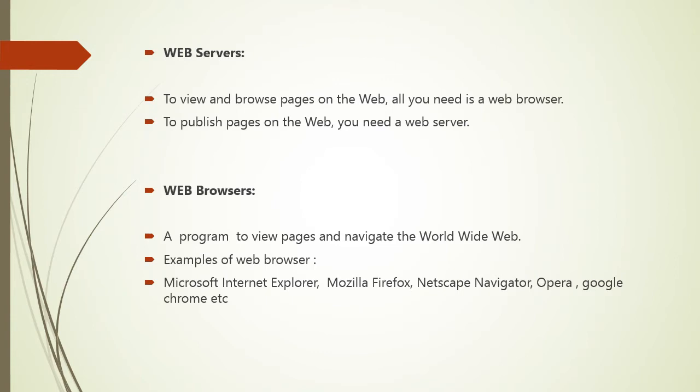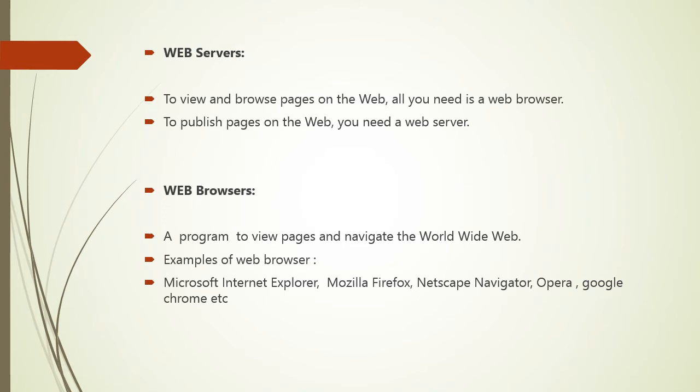The next term is web server. For what purpose do we use a web server? When you want to view and browse pages on the web, you need a web browser, and to publish pages on the web, you need a web server. It is a program that runs on a computer and is responsible for replying to various web browser requests. The next concept is web browser.